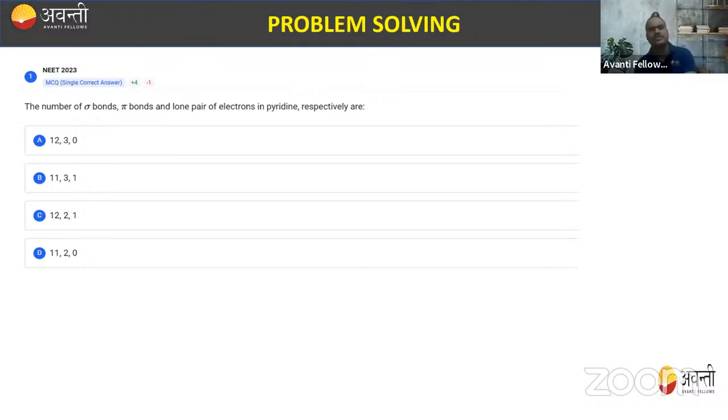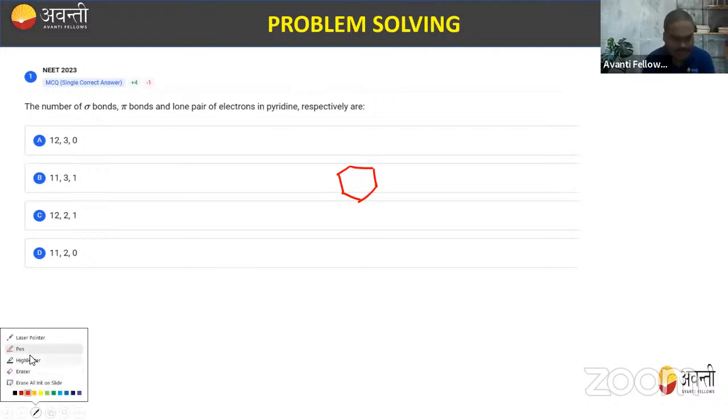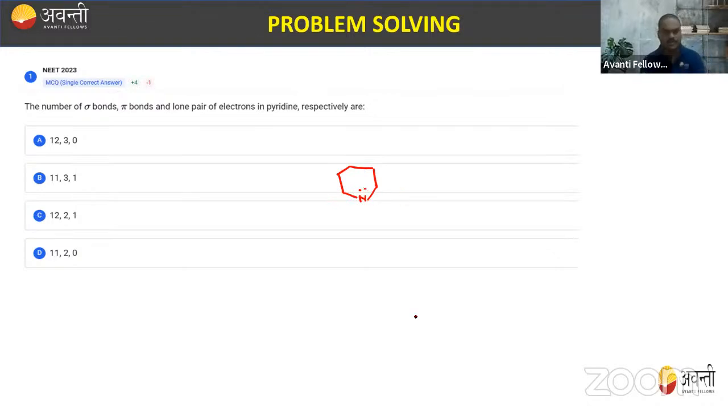Let me first draw the structure of pyridine. So this is the structure of pyridine. Let me erase this a little bit. In the structure of pyridine, we have one N having a lone pair.